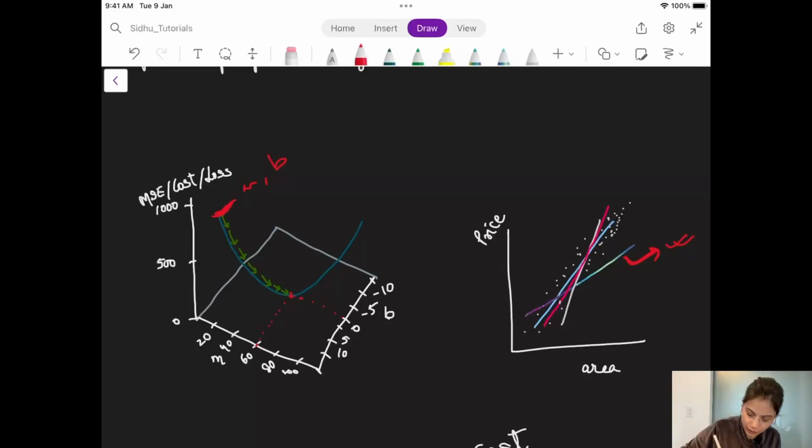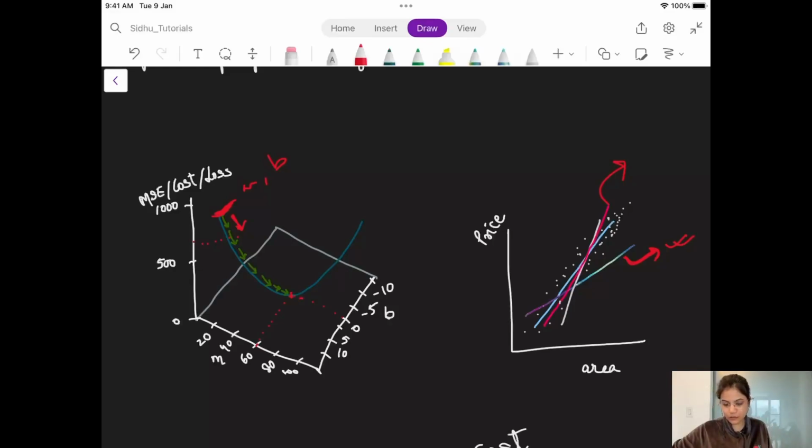Then it iterates again and keeps on reducing the values, from this point to this point, and here we can see our cost is getting lesser, which can be seen by this particular line.